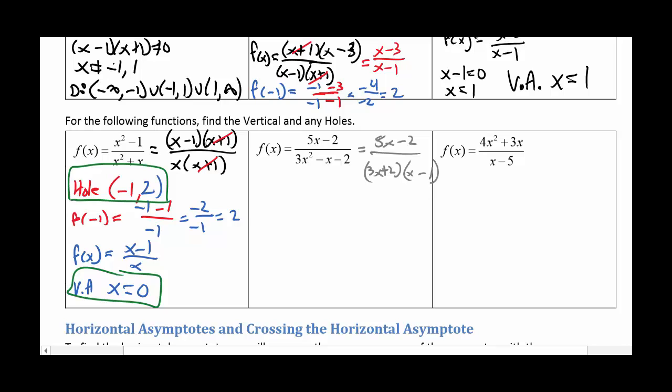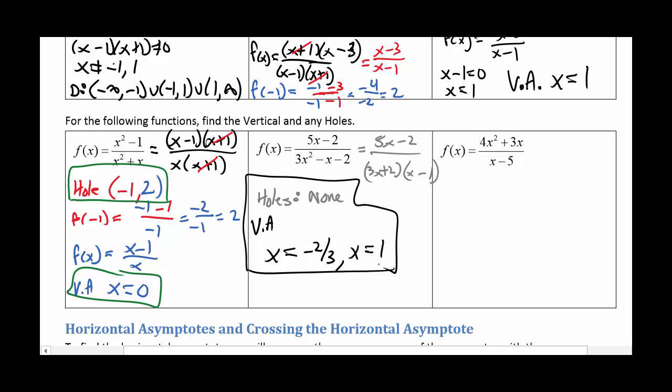Notice nothing factors out. So as far as holes go, we don't have any. But we do have vertical asymptotes by looking at the denominator. That's going to be where that equals 0, so that will be at x equals negative 2/3 and x equals 1 for that one.